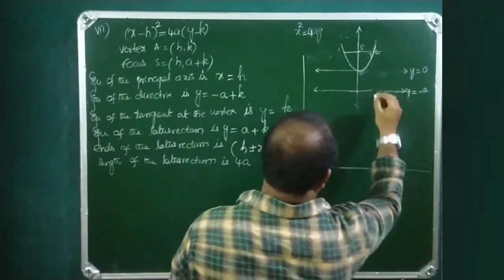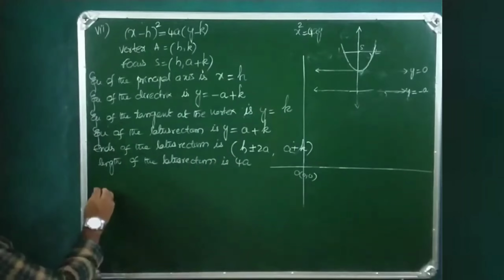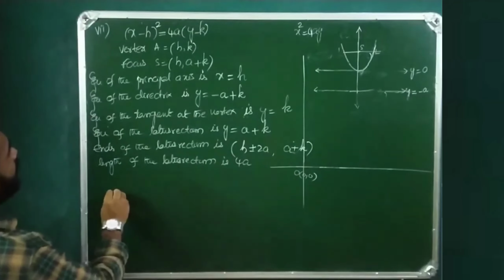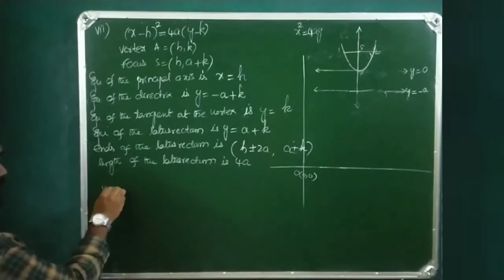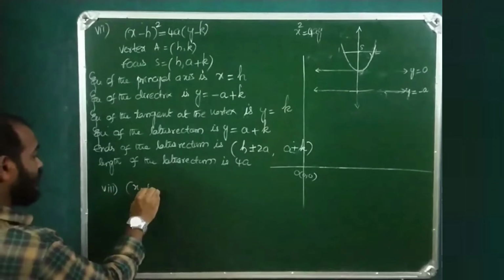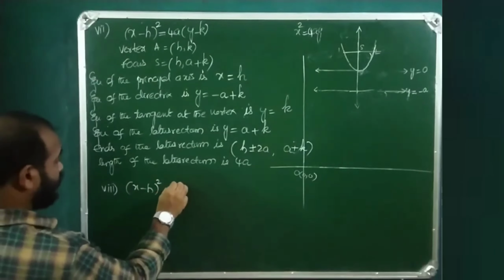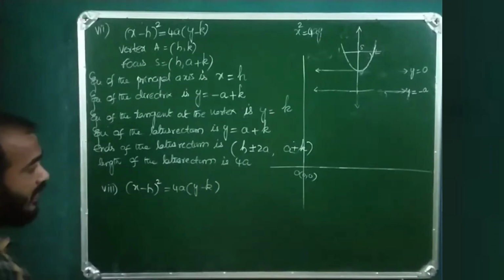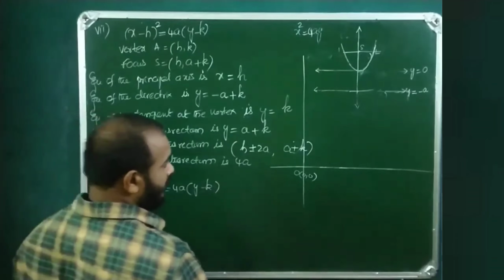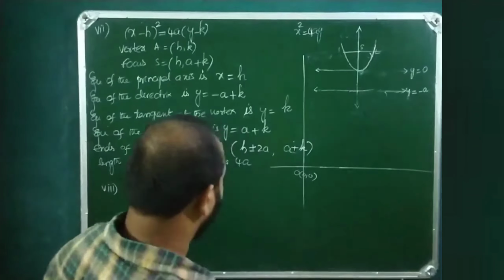And finally, the last one: x minus h whole squared equals minus 4a into y minus k. This can be compared with this parabola. Which parabola is it?